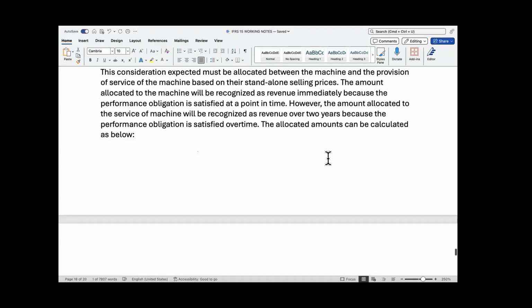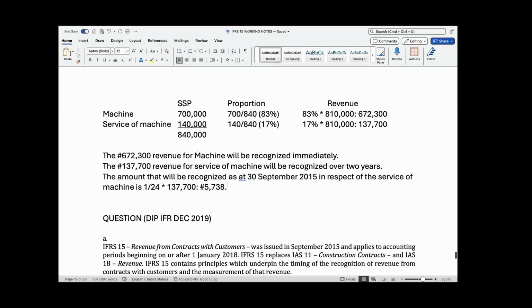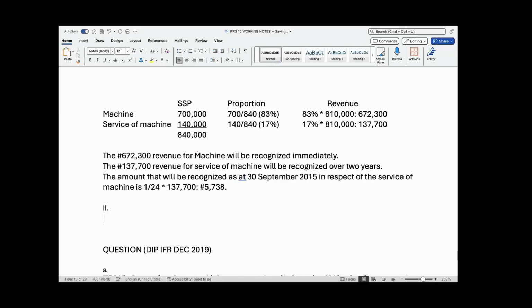Okay. So the second part, this is a sale with right of return.